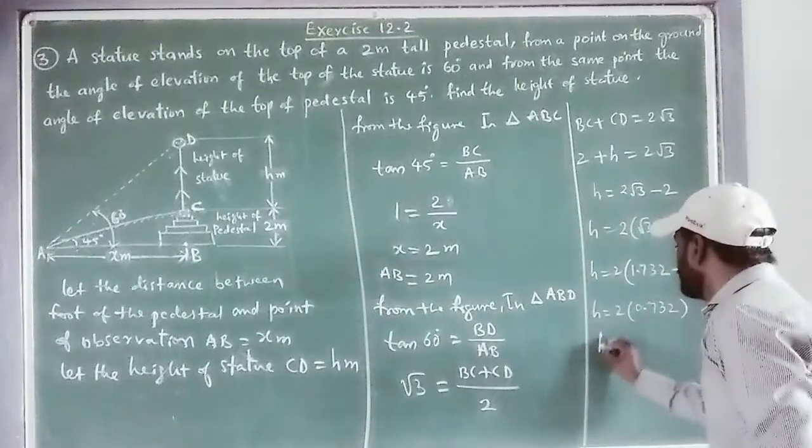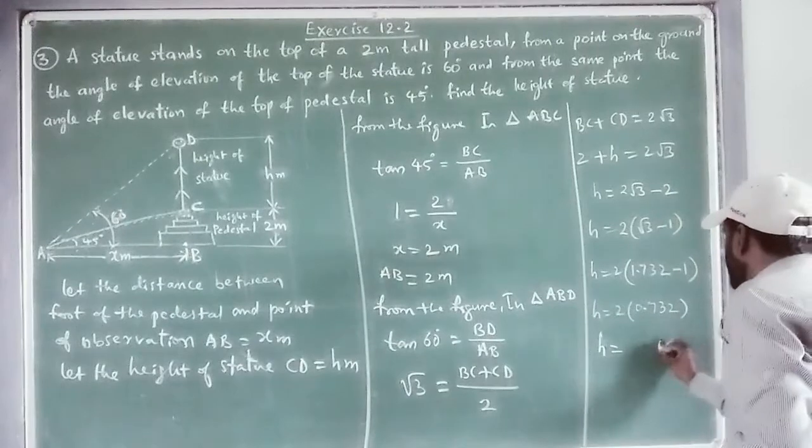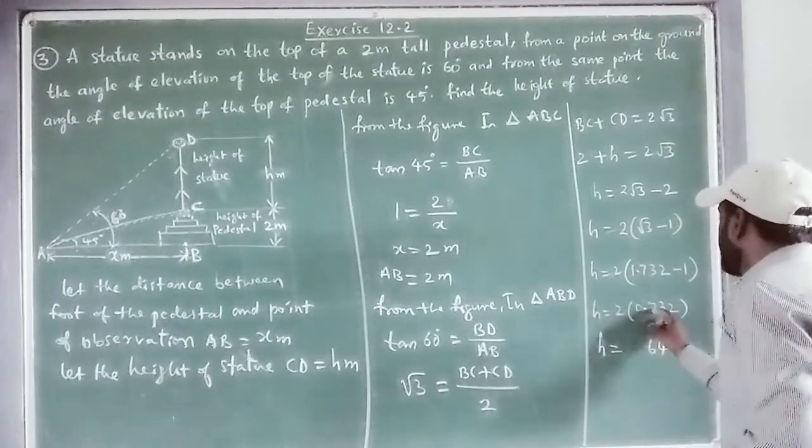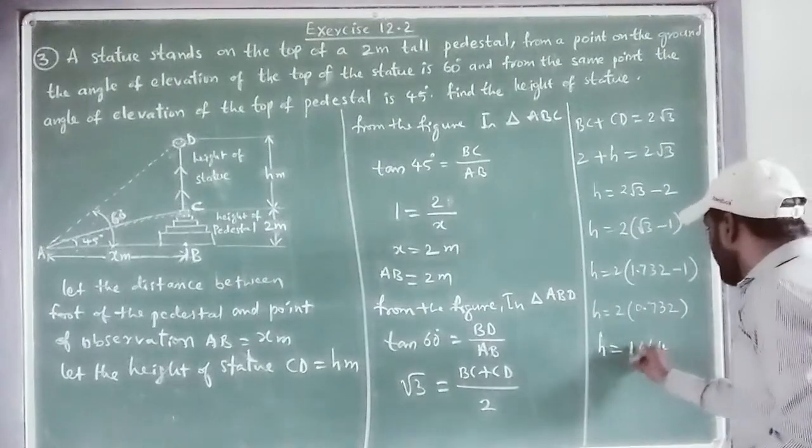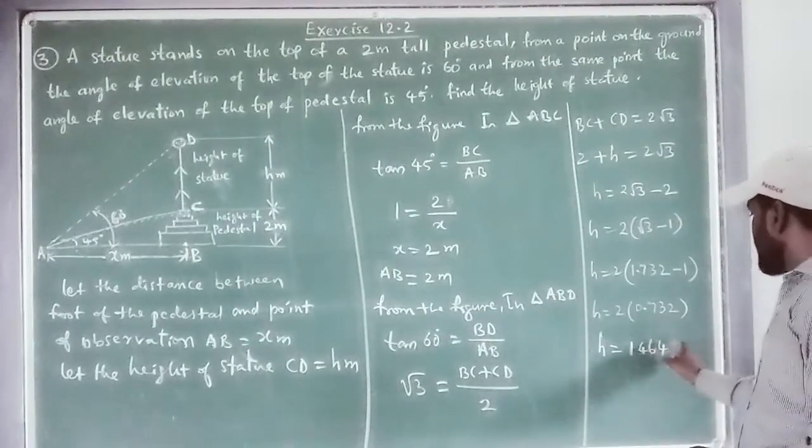So when you multiply this, H value will be obtained here. H is equal to 2 into 2 it is 4, 2 into 3 is 6, 2 into 7 is 14, 4 here 1 carry, 2 into 0 is 0 plus 1 is 1. Here the decimal point should be placed after 3 digits.